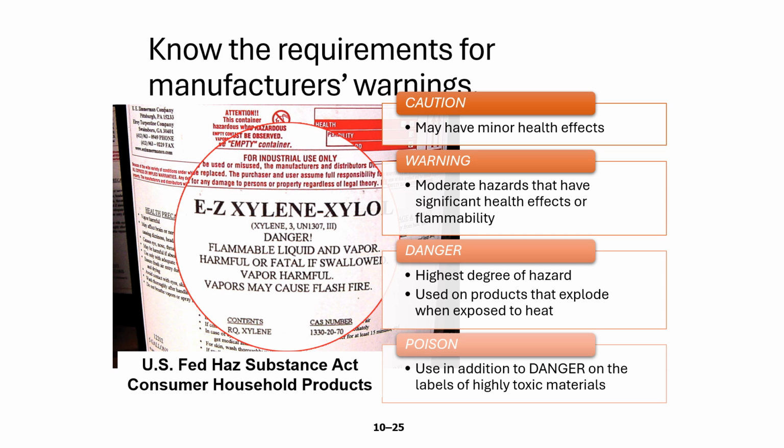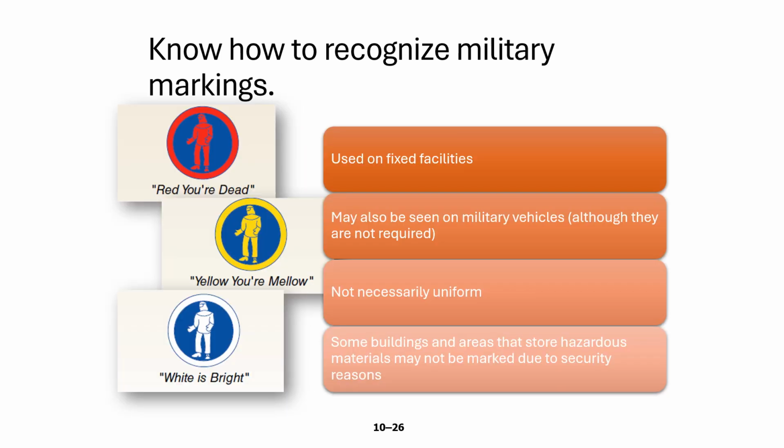So you could see the words caution, which might have minor health effects, warning, which is a moderate health effect, danger, which is the highest degree of hazard, and then poison, in addition to danger, on the labels of highly toxic materials. In this example, we've got danger, which is a high degree of hazard on this substance because it has some type of flammable liquid characteristics.